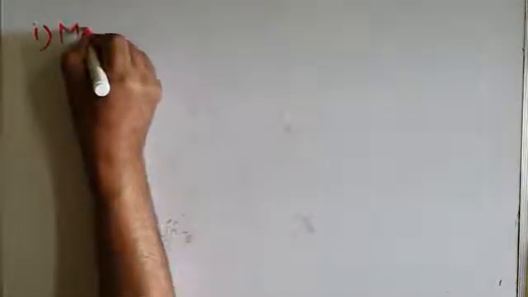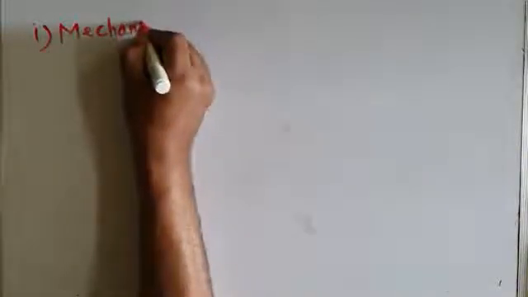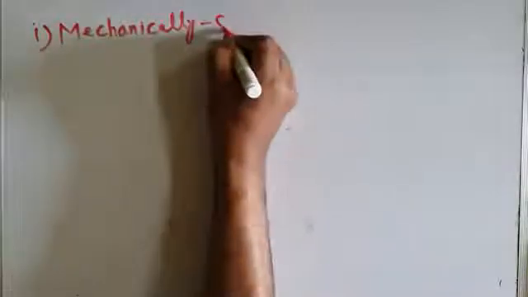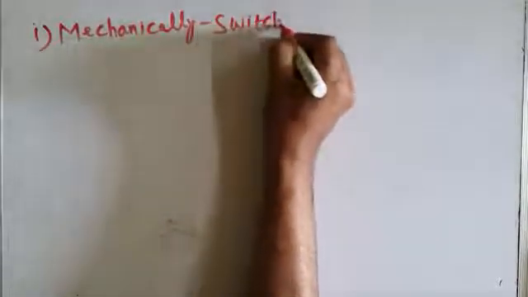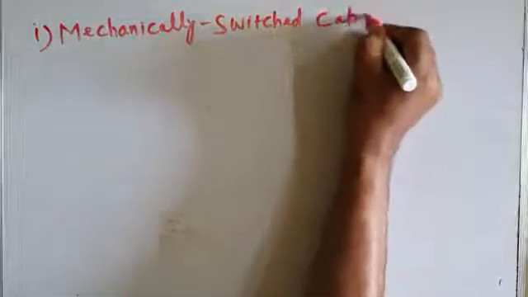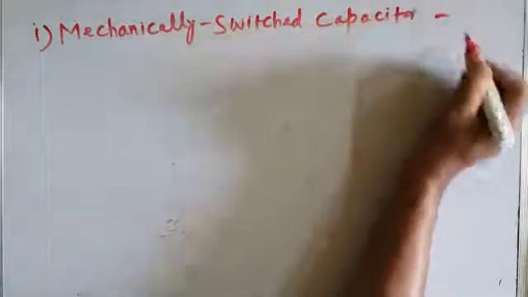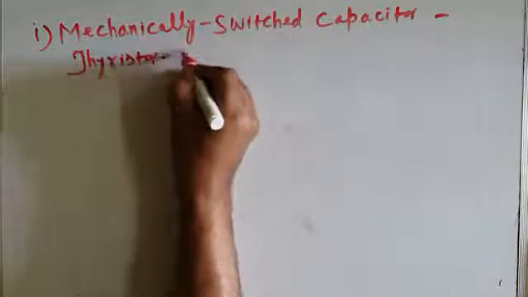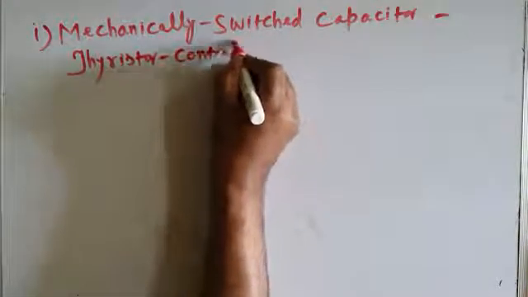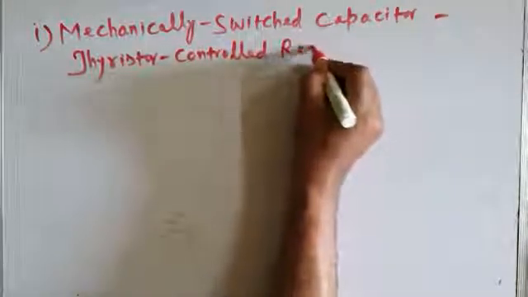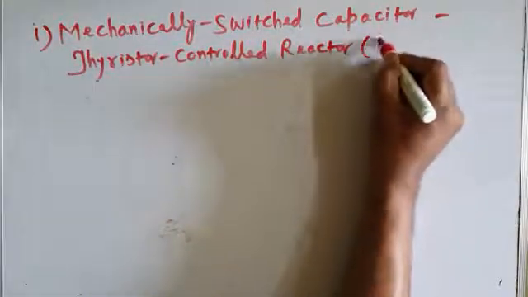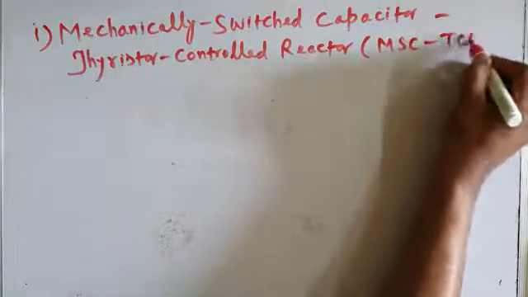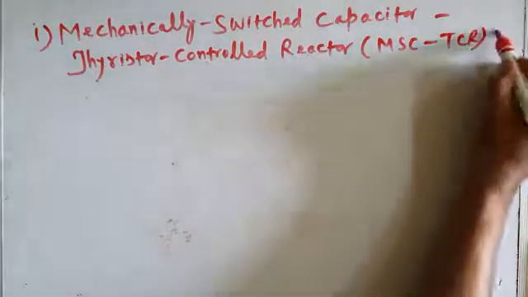And in today's lecture, we will discuss the first type of SVC, that is the mechanically switched capacitor type. An SVC where the capacitor bank is mechanically switched, I will write here: mechanically switched capacitor, thyristor controlled reactor, that is MSC-TCR SVC.